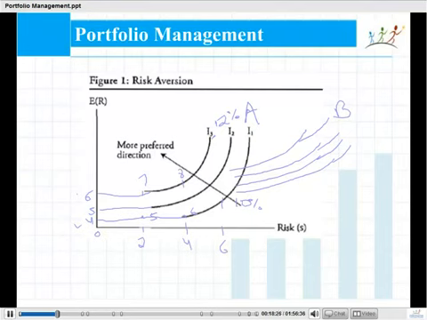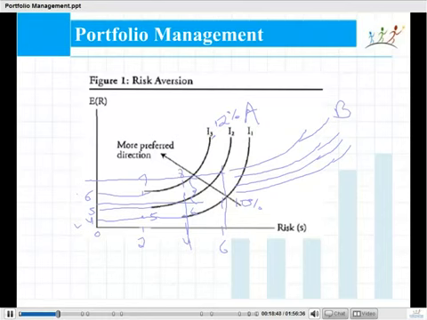For investor A, for taking 1 or 2 additional units of risk, what is the additional return that I have to promise? Very high. I have to give so much extra return for him to take additional risk.